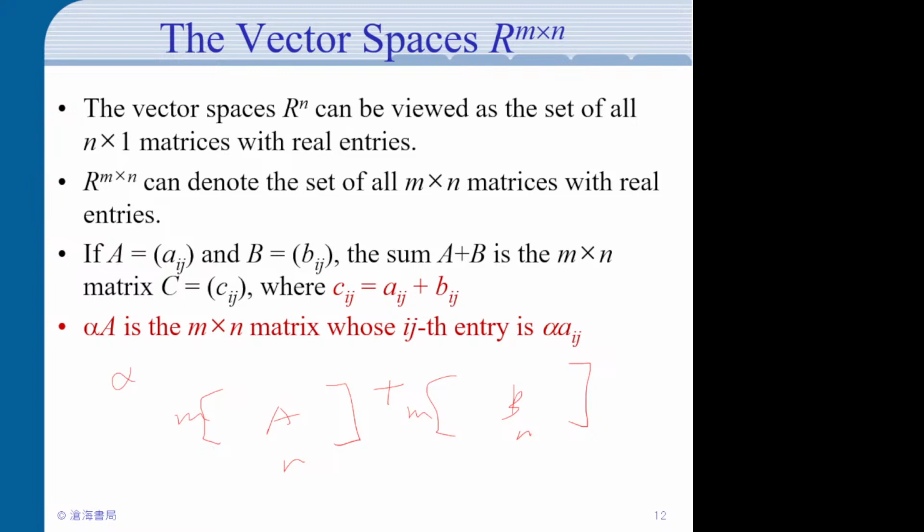So you see this is really R to the n times n, because you can view these n times n elements as one really long vector, do the corresponding operation, and get the same result, since you just do entry-wise addition and entry-wise scalar multiplication.